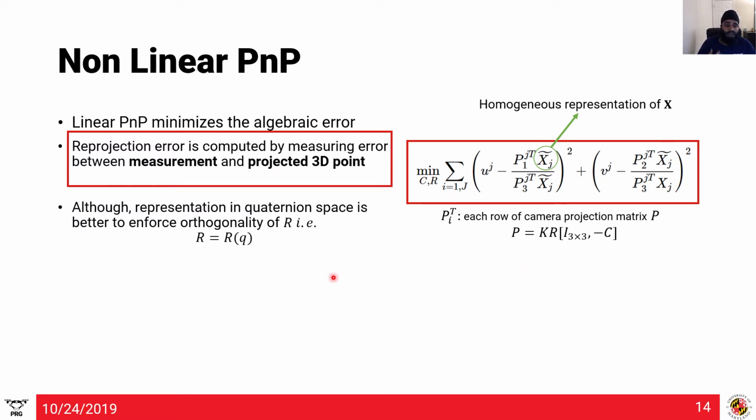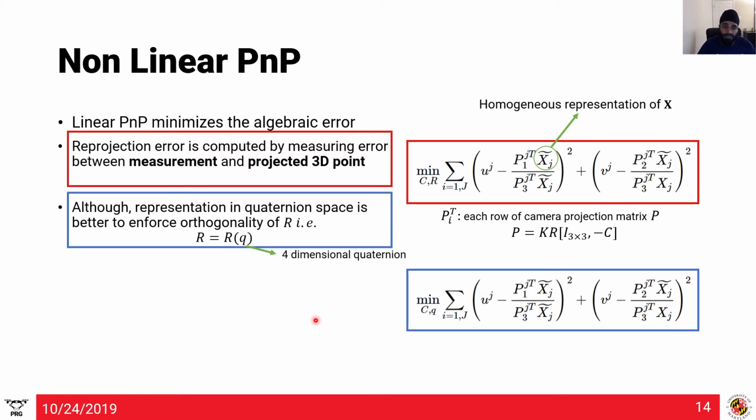Although my representation in the quaternion space is much better to enforce orthogonality, because I know that things are orthogonal. When I'm doing this in rotation space rather than quaternion space, my results would be very prone to error. But if I convert my rotations to quaternions and work in the quaternion space, I will have much better estimates.